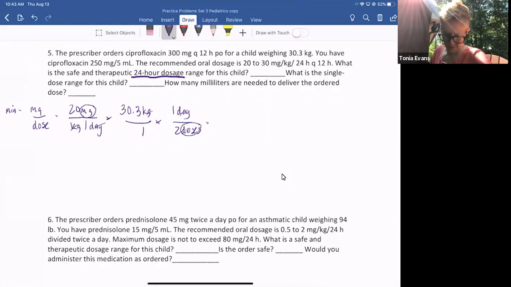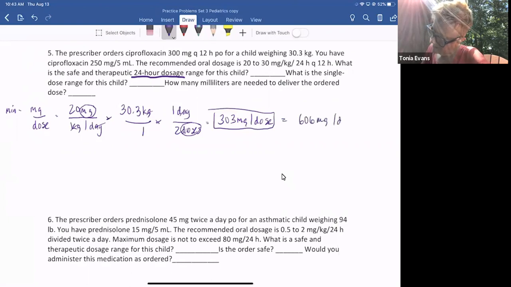20 times 30.3 divided by 2 equals 303 milligrams per dose, which also equals 606 milligrams per day. Put those both on here.